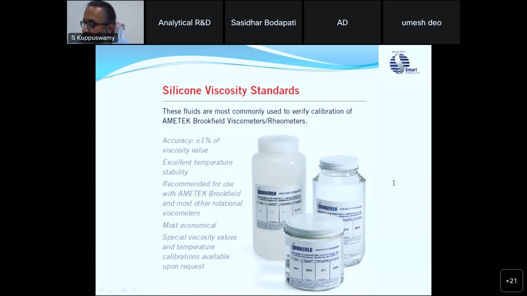With increasing RPM, the viscosity measurement range decreases. So if you want to measure very high viscous samples, the speed should be as low as possible. It is inversely proportional. Lower the speed, higher the viscosity measurement range, and higher the speed, lower the viscosity measurement range.